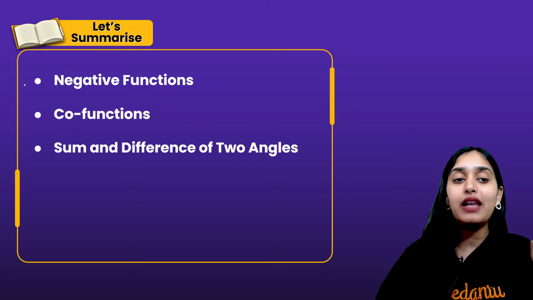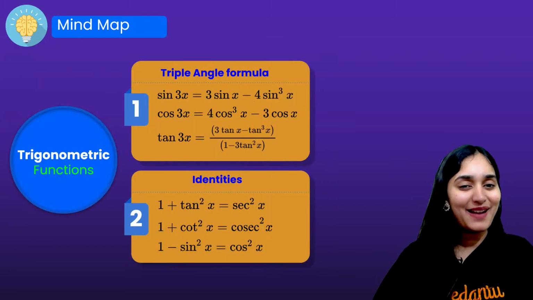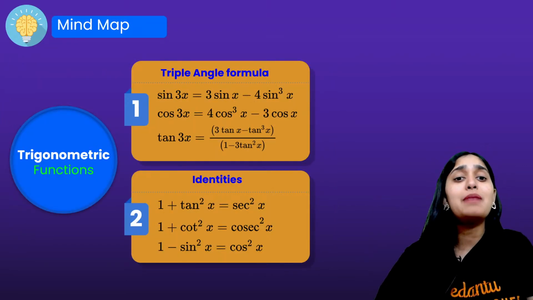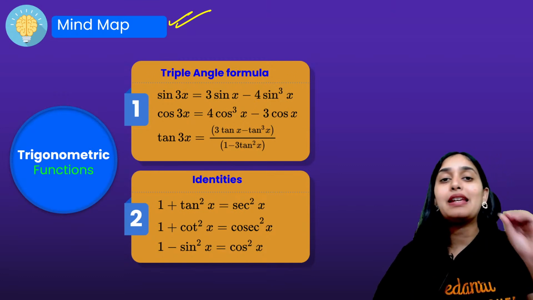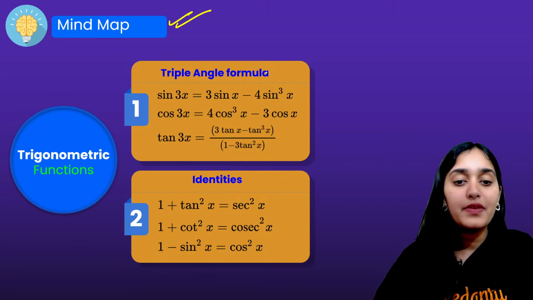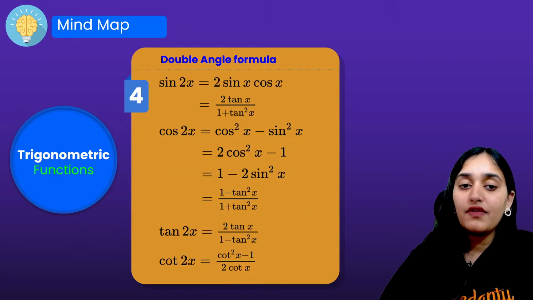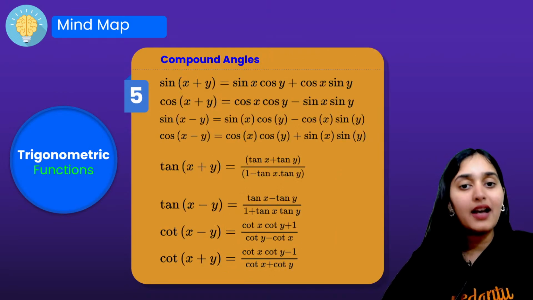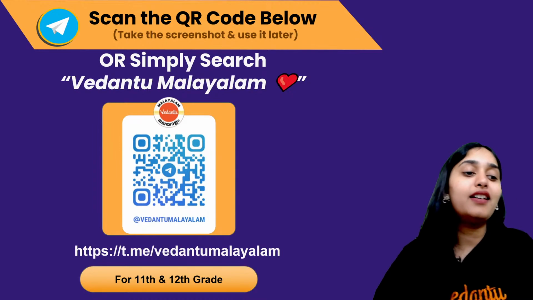We have learned about negative functions, co-functions, sum and differences of two angles, and this chapter is complete. I have made a mind map of all the formulas so that you can easily revise it before your exam. So triple angle formulas, identities, factorization formulas, double angle formulas, compound angle formulas, all are listed over here for your ease.